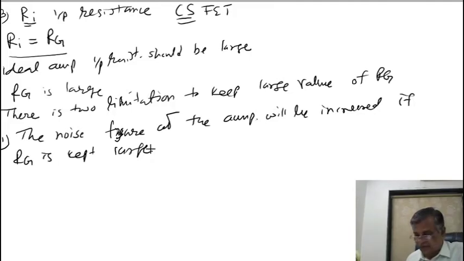Noise means unwanted signal. Generally, if you keep RG slightly less than 1 megaohm, then the noise figure will be less.